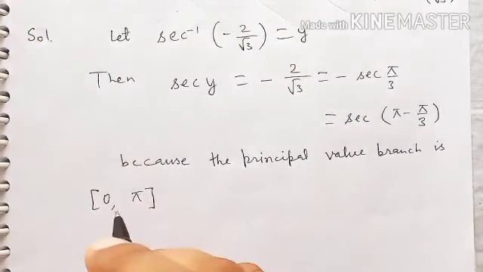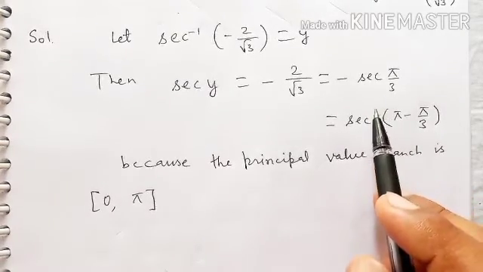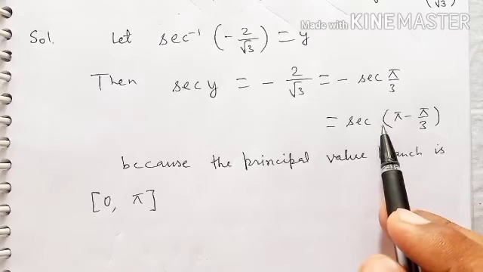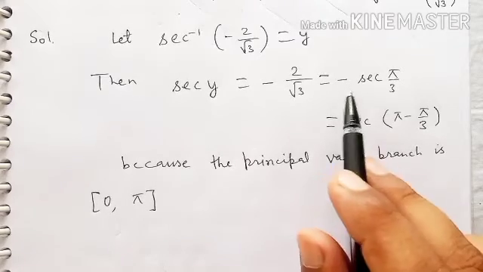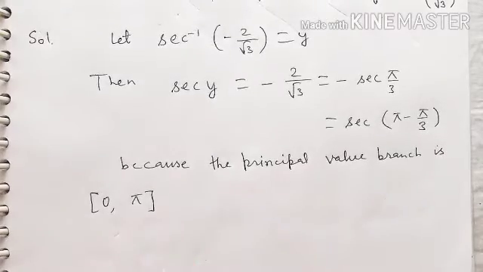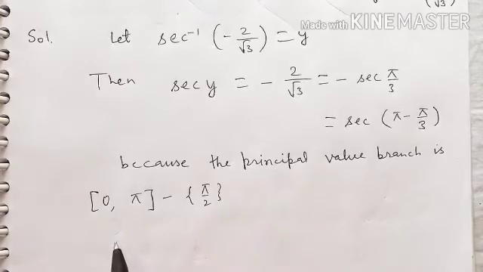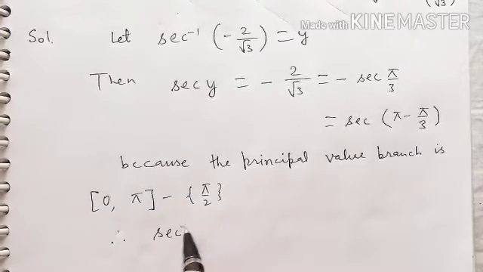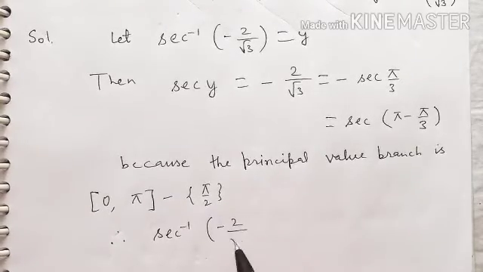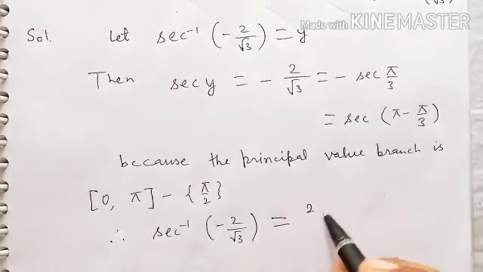This belongs to the first and second quadrant. This can be brought into the second quadrant, because in the second quadrant sec becomes negative. That's why we write pi minus pi by 3. Therefore, sec inverse minus 2 by root 3 is equal to, here y is equal to 2 pi by 3.